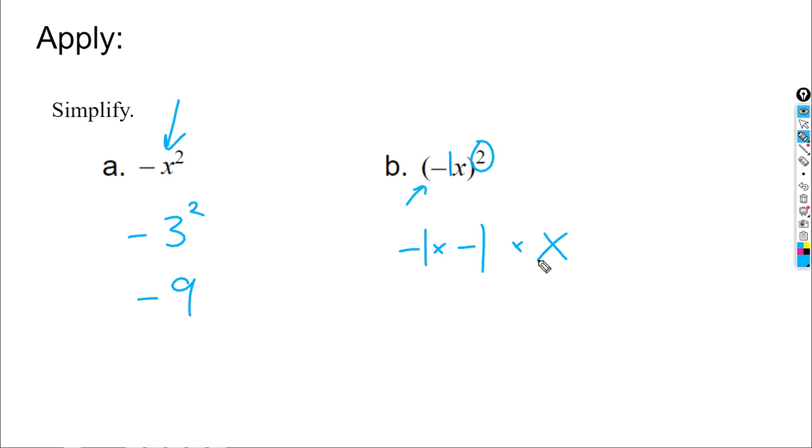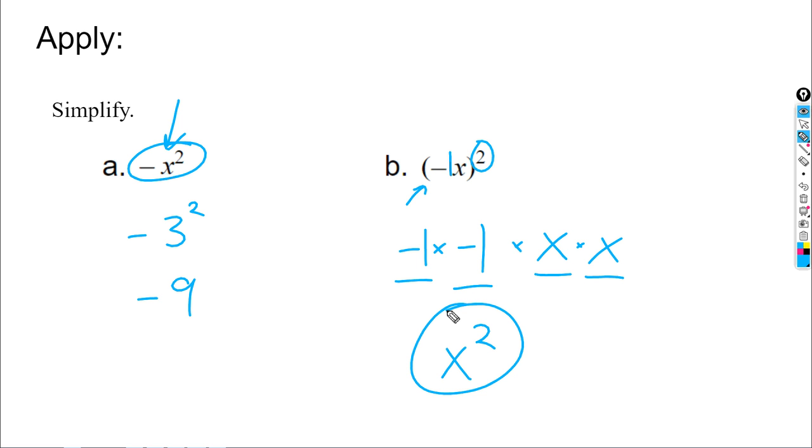So we have a negative times a negative, which becomes positive, and then you have an x times an x, which becomes x squared. And if we were to put a number in for that, like we did previously where we let x equal 3, that would just become positive 9. So the parentheses make a difference. On the original one, we had negative x squared, and once we put parentheses around that negative x, the actual simplified value is a positive x squared.